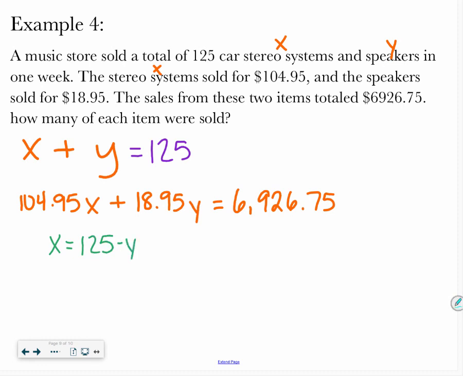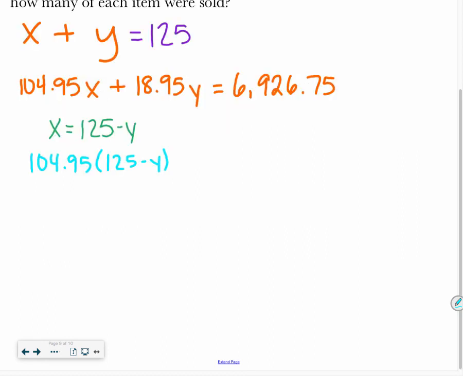So I have 104.95 times (125 minus Y) plus 18.95Y equals 6,926.75.